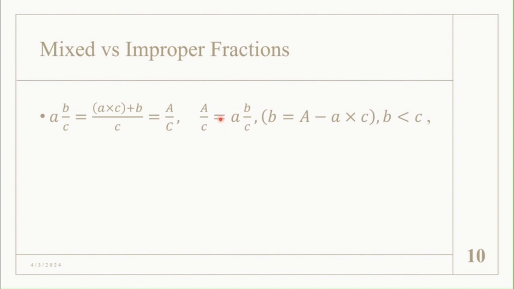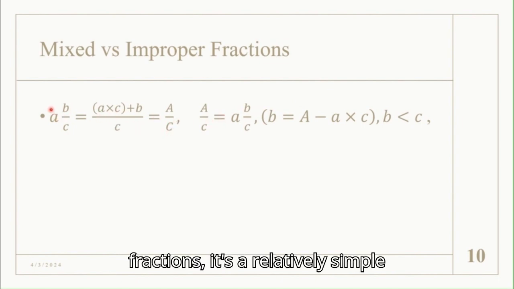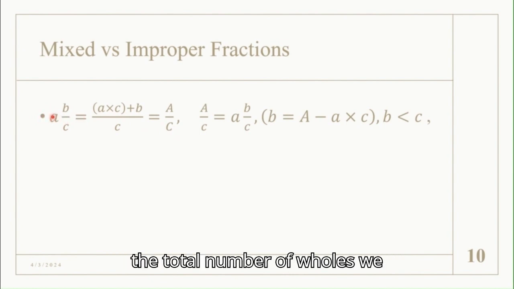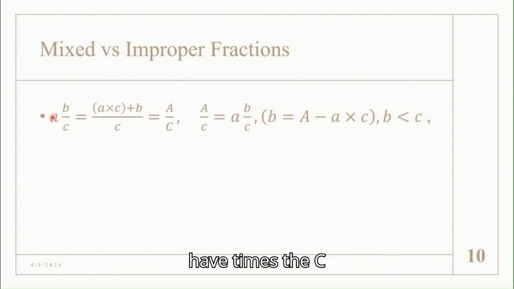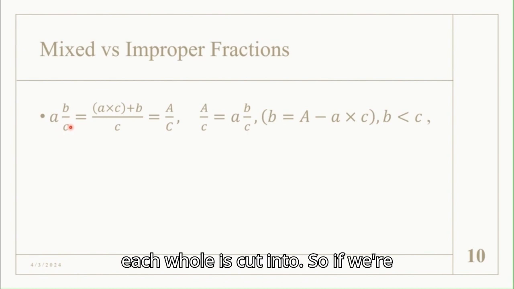So for mixed fractions to improper fractions, it's a relatively simple calculation where we take A, which is the total number of wholes we have, times the C, which is the number of slices each whole is cut into.